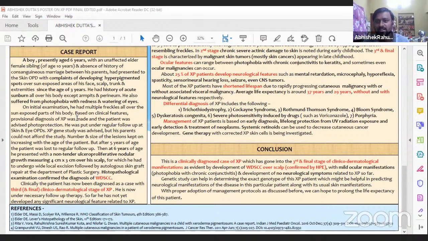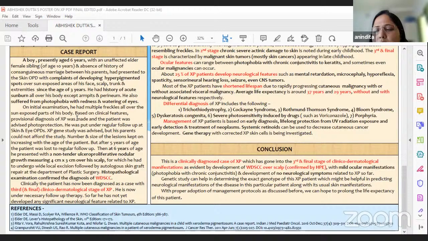It has got mainly 8 variants so far, XPA to XPG, and also a variant called XPV, XP variant. Okay, very good. So now can you tell me in which of the variants these neurological symptoms are least? Ma'am, in XPC, XPE, and XP variant, XPV, in these 3 genotypes, neurological symptoms are less or absent.